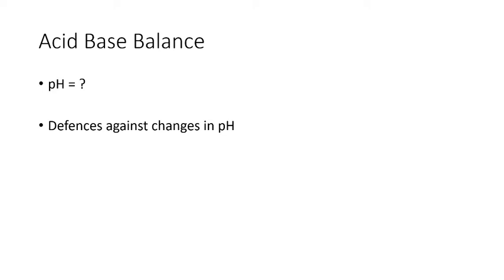And if this is a persistent acidosis over a period of hours and days, the kidneys will kick in and start to retain bicarb and start to excrete hydrogen ions. So the bicarbonate buffer system is the most powerful physiological buffer system that we have.